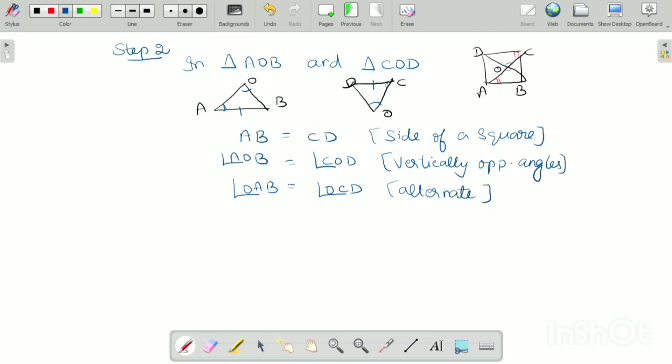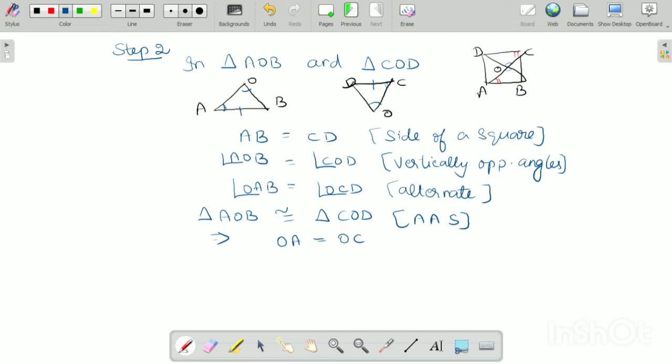So from this we got triangle AOB is congruent to triangle COD by angle angle side criteria. So from this what do you get? We got that OA is equal to OC.